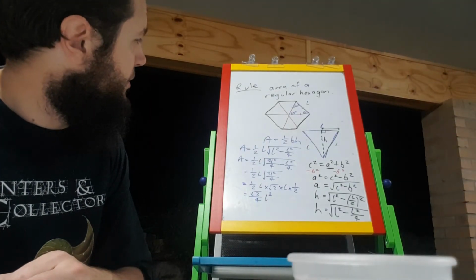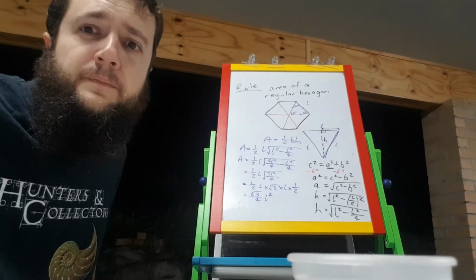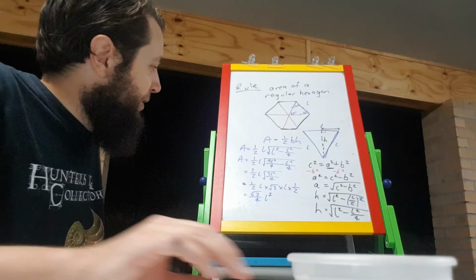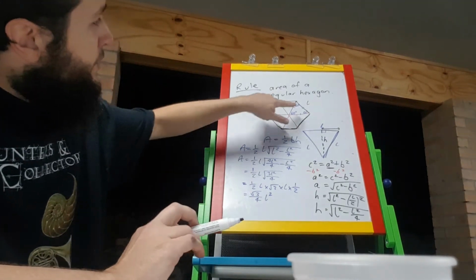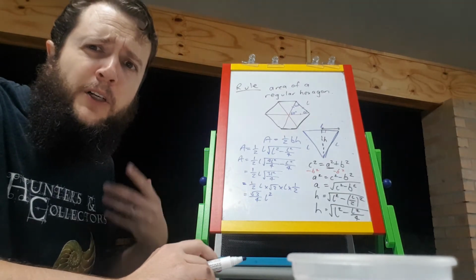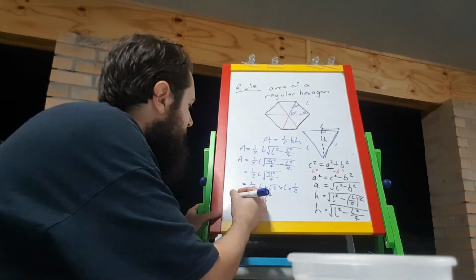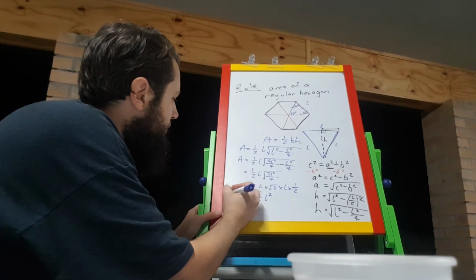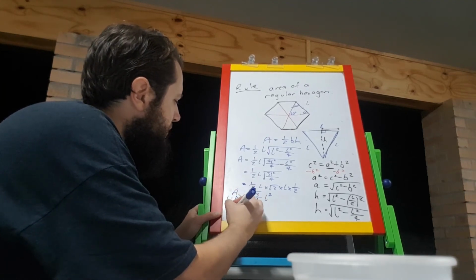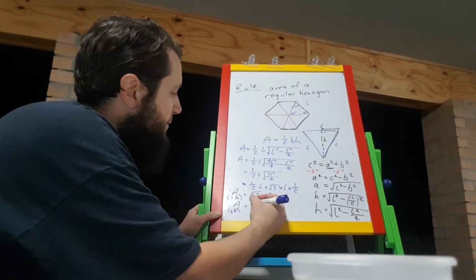I've lost something somewhere in the mix here. No, I actually haven't lost something in here. Remember that that area is for one of only 6 triangles. So that's only for one triangle. Therefore, the area of 6 triangles is going to be 6 times that.